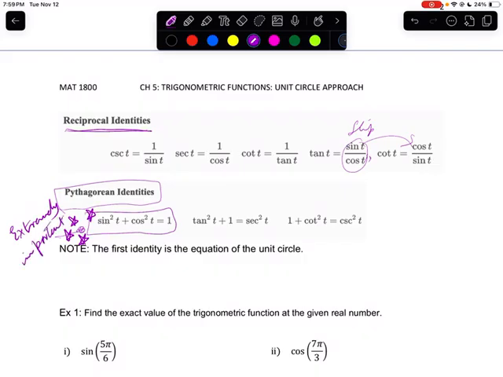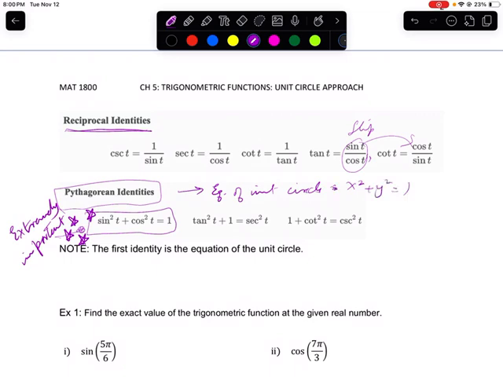So what is this saying? Sine square t plus cosine square t is equal to 1. And why is that? Because this is happening on the unit circle. If you remember, the equation of the unit circle is x square plus y square equal to 1.